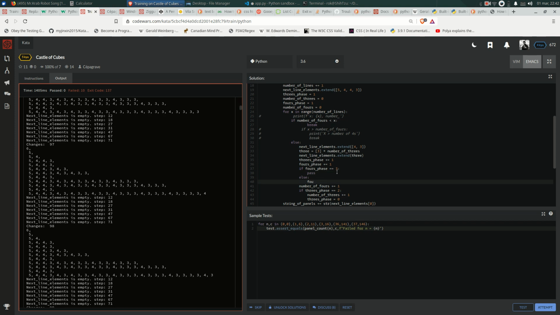Else, you say pass and say fourth phase set back to 0. Else you just say number of 4s plus equals 1.